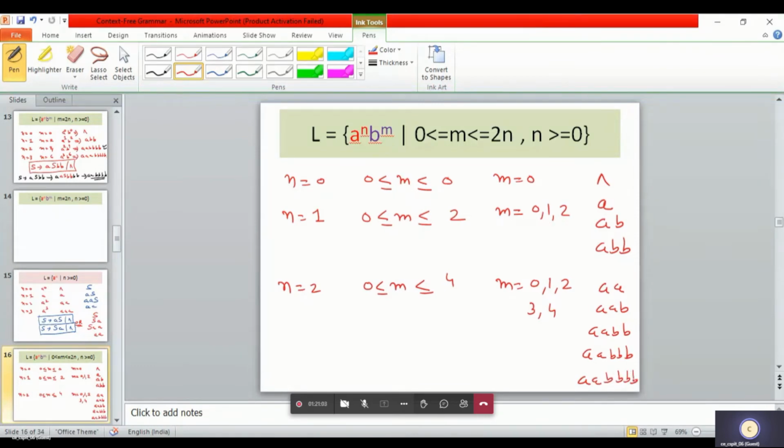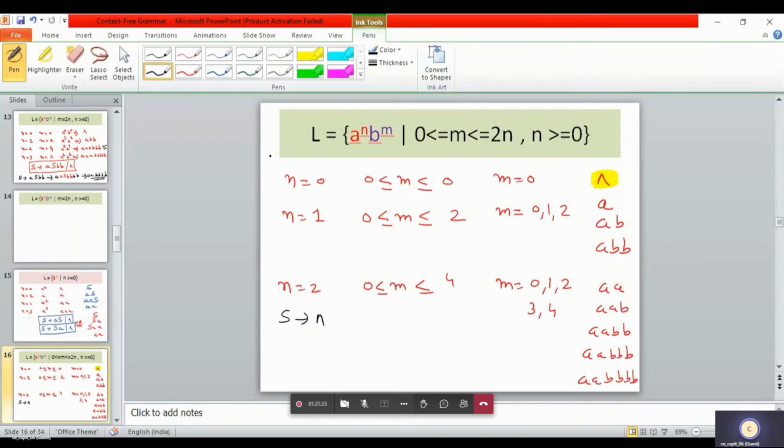Now if you observe this analysis, you can still do one more level of analysis to get the exact grammar. But observe this pattern: null is generated, so there must be a rule for null. So we can write a rule like this: S gives null.